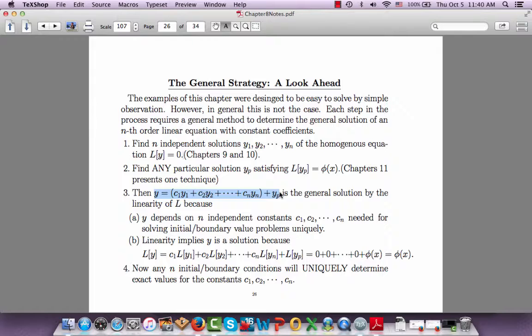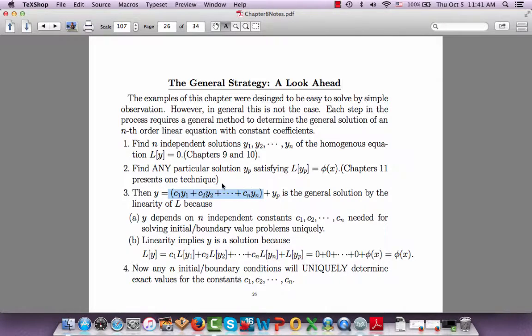If we plug this into L, the first part will turn to 0, and then L of this y sub p is the right-hand side that we want. So this is a solution, but it has this part with these constants, which we need in order to plug this function into all n initial or boundary conditions. That will set up another system of equations that will allow us to find these constants, c1, c2, and so on.